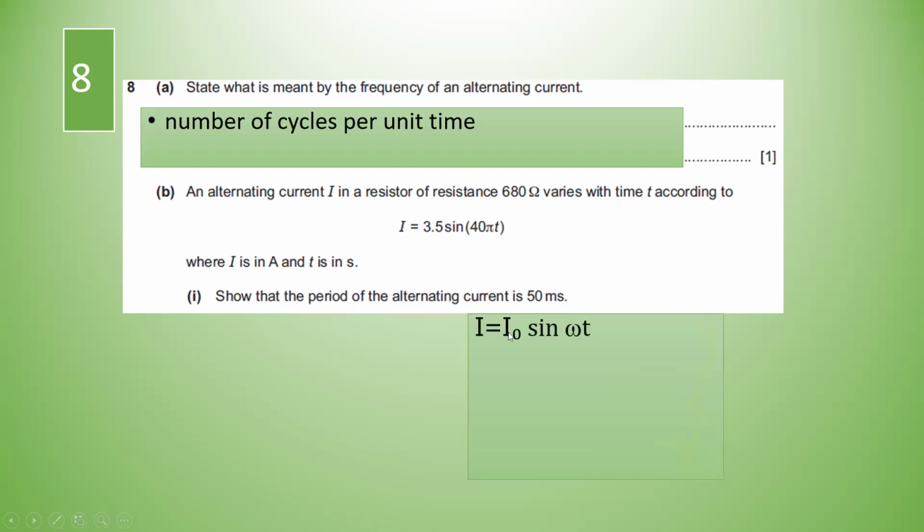Remember the general equation for the current, so omega I obtain from here. T is 2 pi over omega, 2 pi over 40 pi. So it's 50 milliseconds.